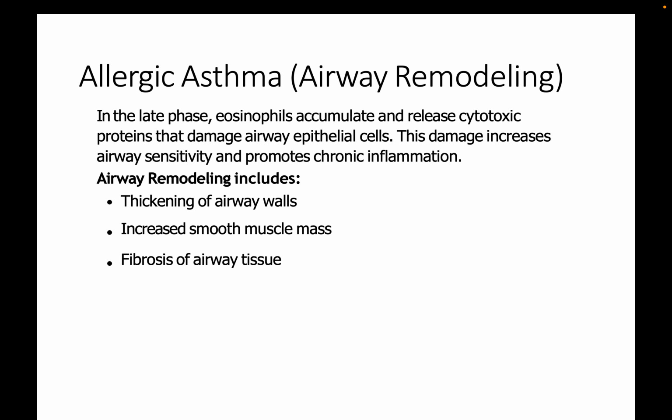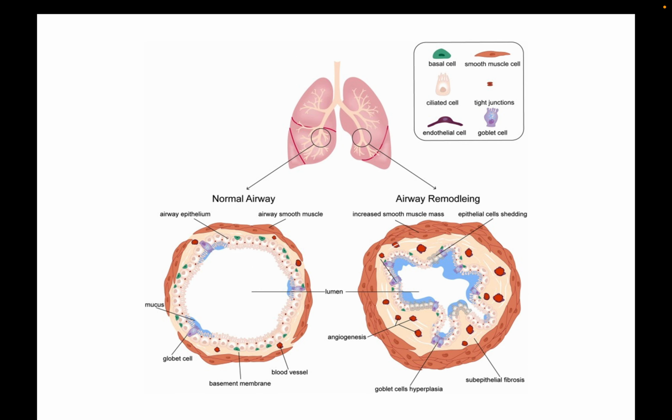And of course, once you go into the late phase, eosinophils start to come in, and they release a lot of cytotoxic proteins, similar to what happens with allergic rhinitis. These cytotoxic proteins will cause a whole remodeling. So this is your bronchi.